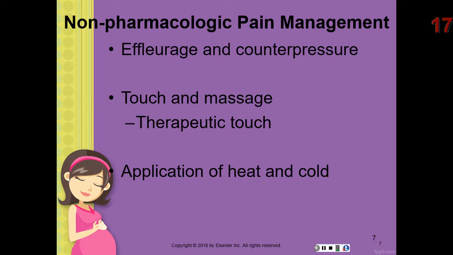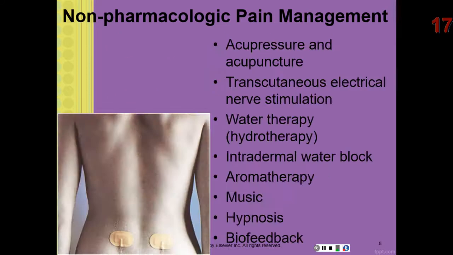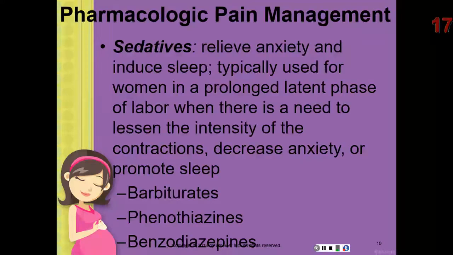If baby's OP and mom is having a lot of back pain during labor, if the partner or the nurse pushes against the back while she's having a contraction, it will help take some of the pressure off of mom and be a little more comfortable. So just wanted to get that in.